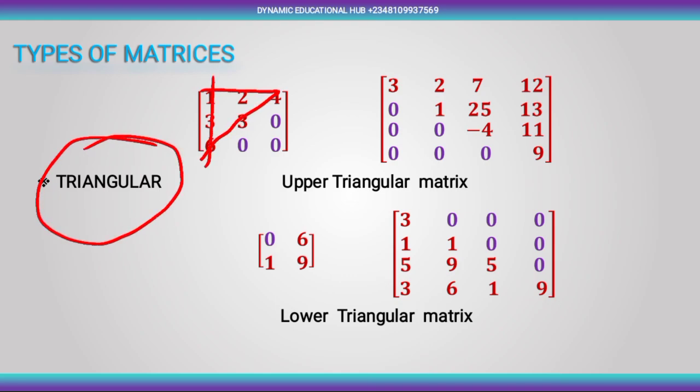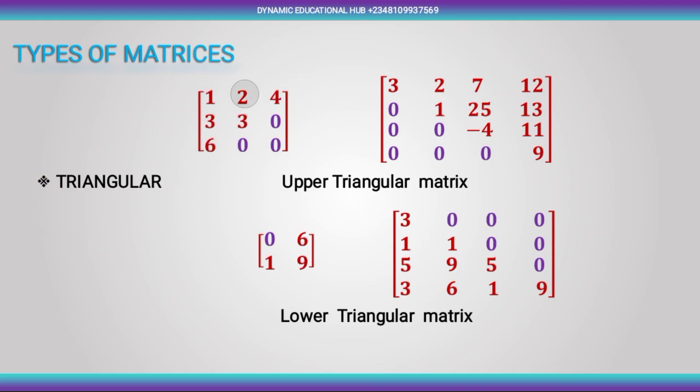If you connect the non-zero elements together and it gives you a triangle, you have a triangular matrix. Which means that we are not going to have zero elements along one diagonal. You can only have it at one diagonal. You must not have it at the other diagonal. And then your non-zero elements must be able to form a right triangle.